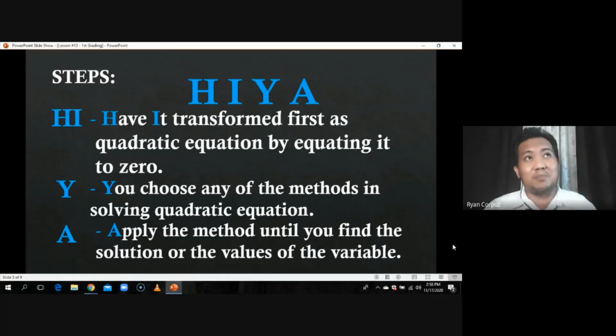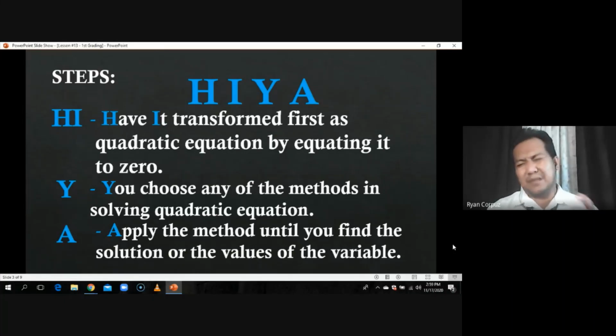So pwedeng ang spelling ng zeros natin ay S lang yung nasa dulo or ES. Zeros or zeros of the function. So these are the steps that we are going to apply in order for us to find the zeros of the function, or the values of the variable x that when we graph a quadratic function, those are the points that will intersect the x-axis.